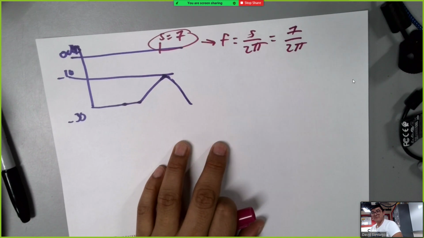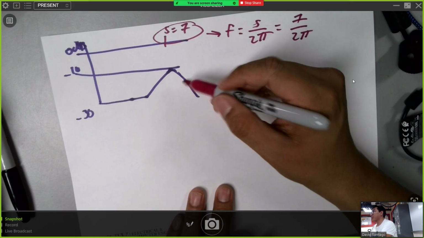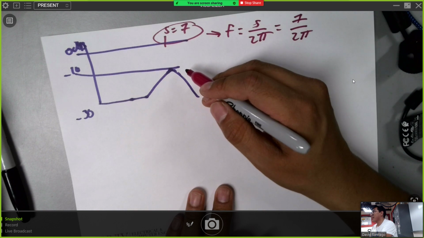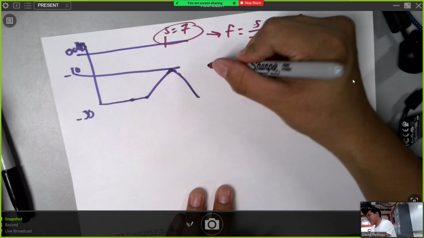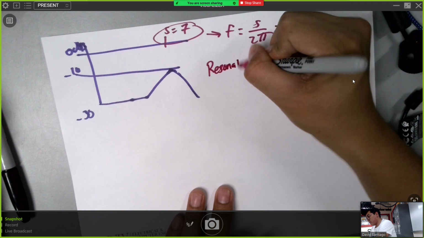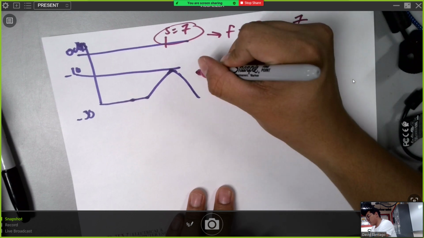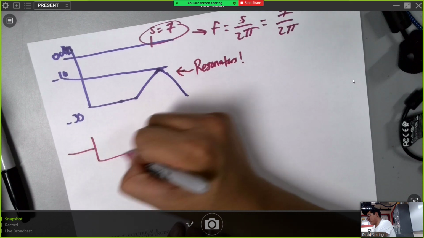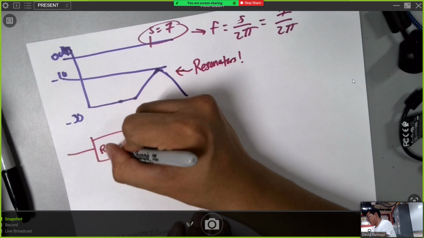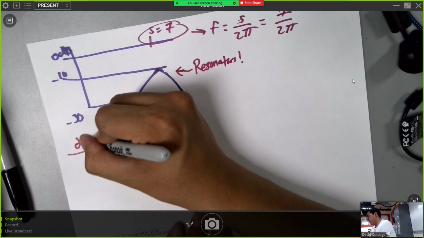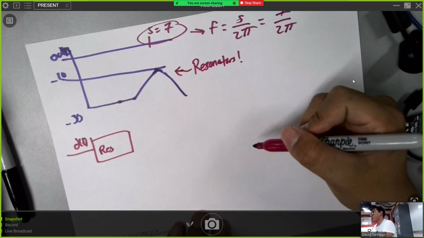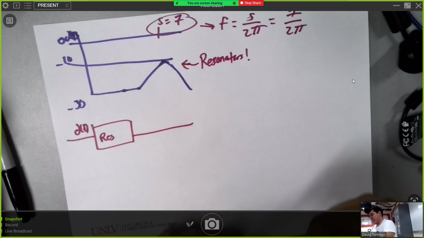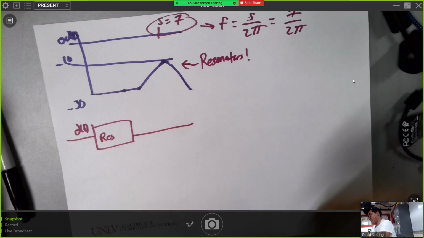Okay, so if you were to kick this type of box, the cool thing about resonators is that if you put in a delta function here, delta t, what you're going to get at the output is something that looks like this.